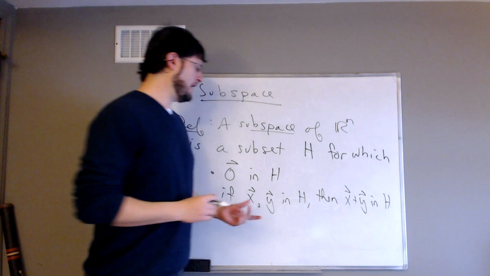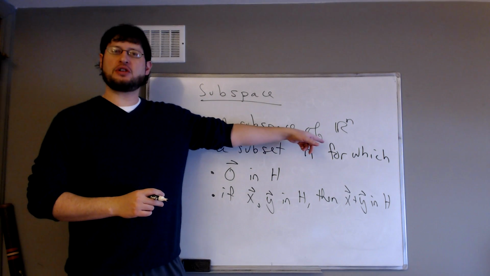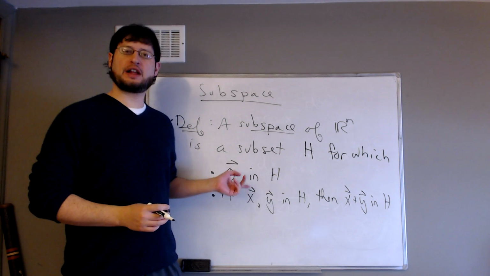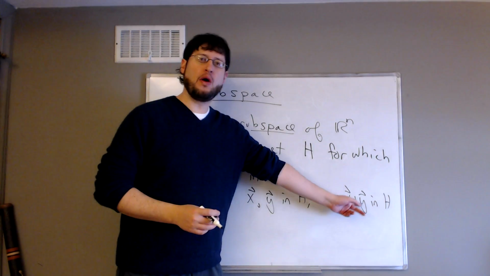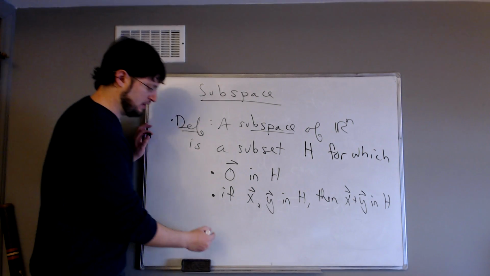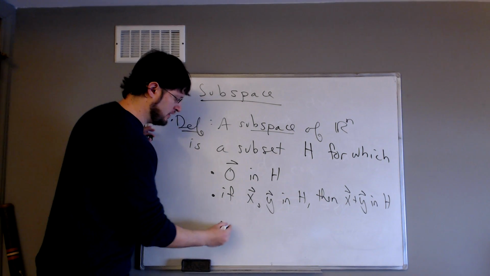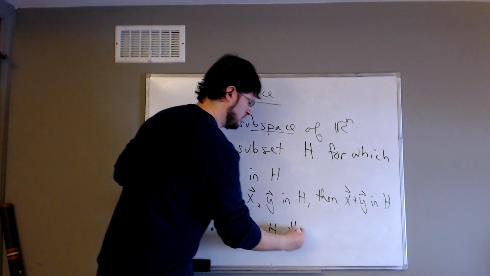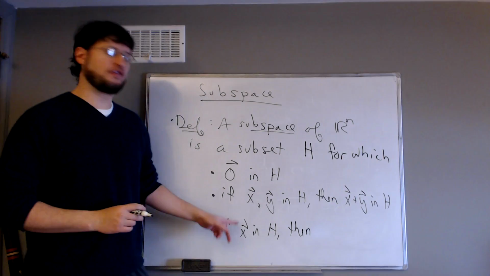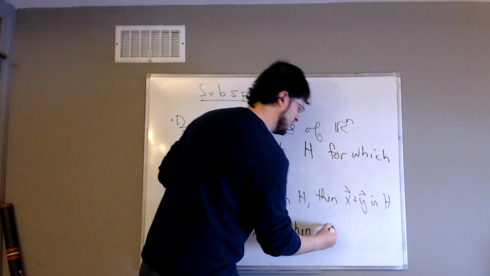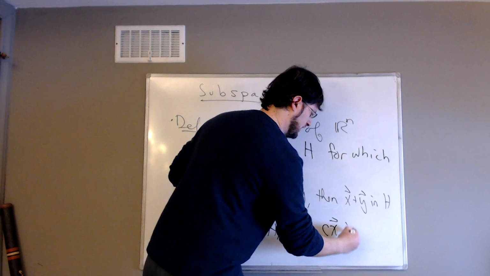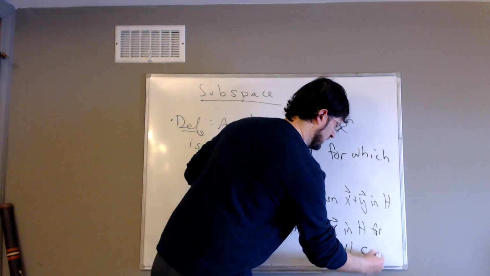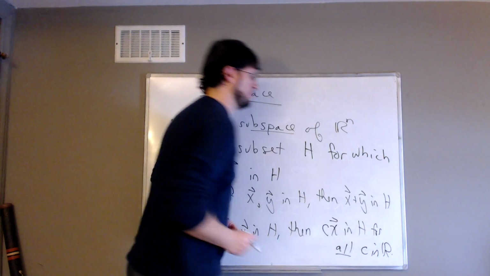So if I have any vectors that are in the set that I start with, and then I add them up, then the resulting vector that I get, x plus y, also has to be there. And then finally, if x is in H, then any scaled version of x is also in H. Then Cx is in H for all C real numbers.